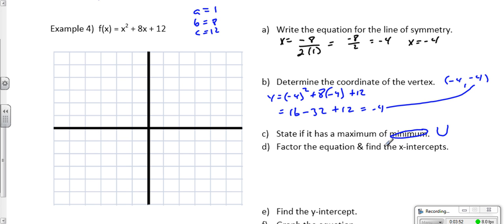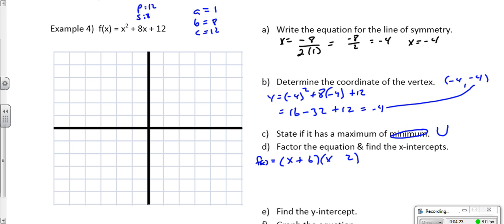Factor the equation and find the x-intercepts. Now this is what we did last lesson. So if I want to factor that function, x and x, we want a product of 12 and a sum of 8. So factors of 12 that give us a sum of 8 are 6 and 2.